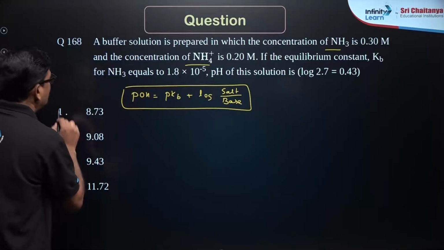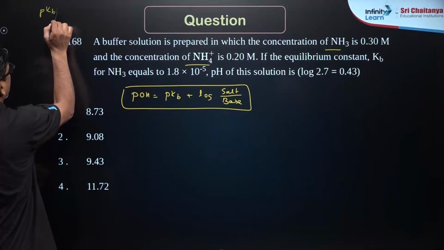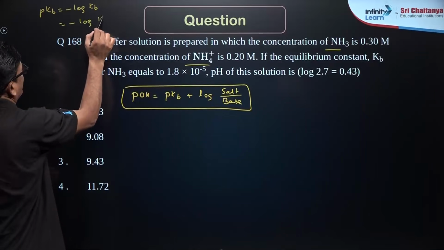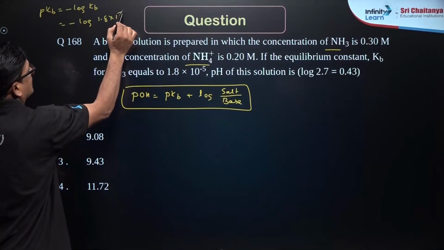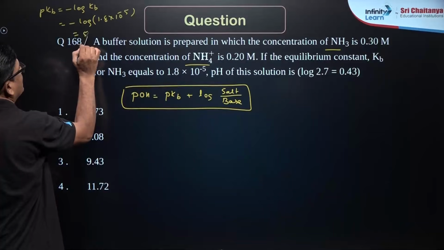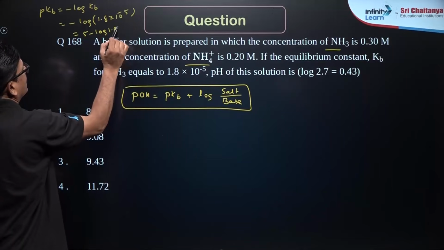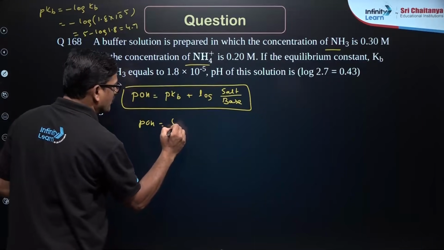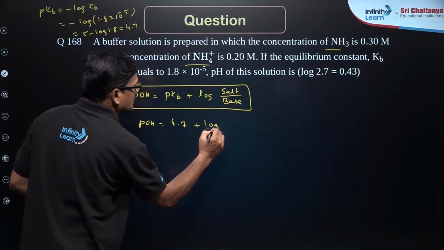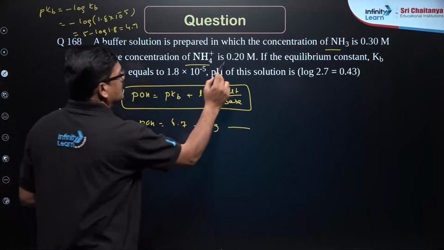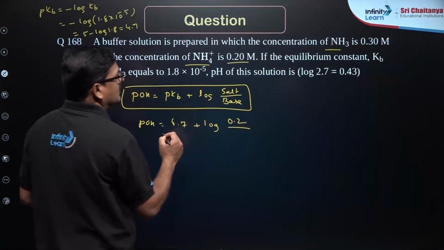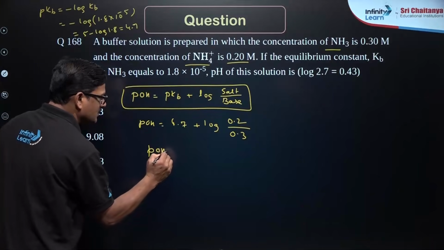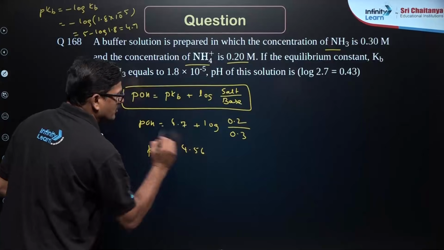To calculate pKb, pKb is equal to negative log Kb, negative log 1.8 into 10 power minus 5. So 5 minus log 1.8 is equal to 4.7. So pOH is equal to 4.7 plus log of salt concentration 0.2 and base concentration 0.3. On solving, pOH is going to be 4.56.